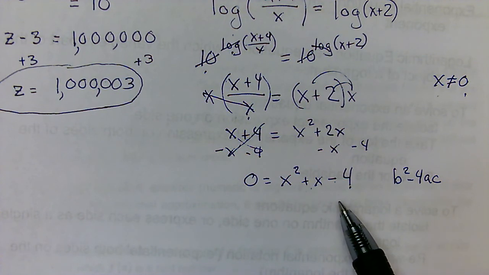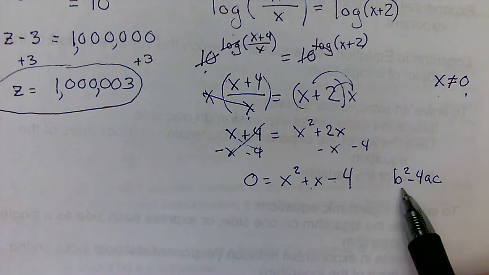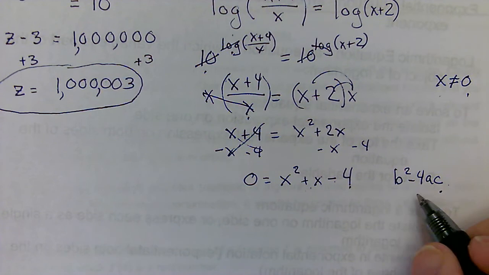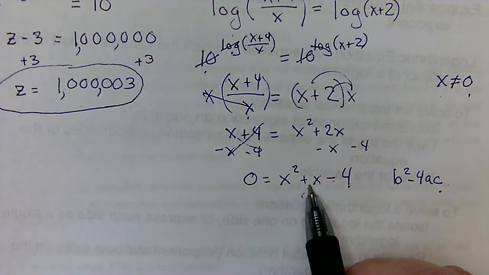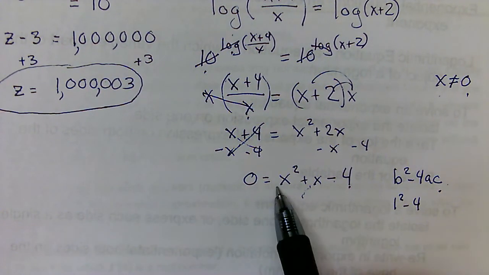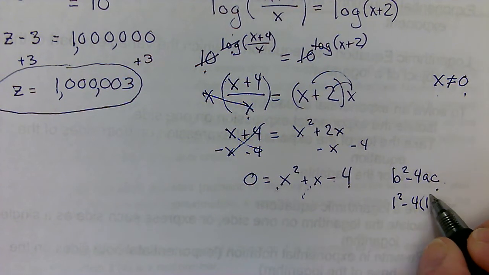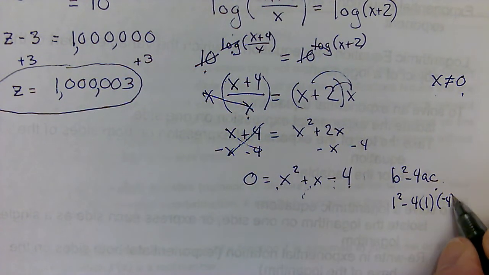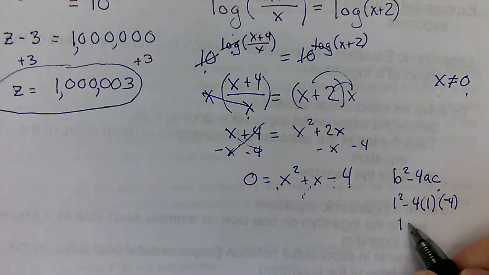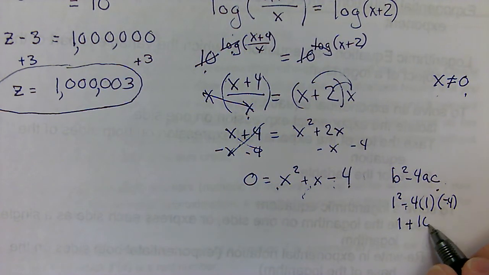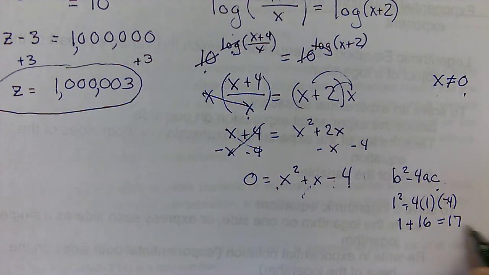Now I know it's not going to, but I need this quantity in the quadratic formula, so I might as well do it separately and make it a little simpler to deal with. So in this equation, b is 1, a is the coefficient of x squared, so it's 1, and c is the constant term, so it's negative 4. So this gives me 1 plus, because the minus and the negative cancel, 16, which is 17.